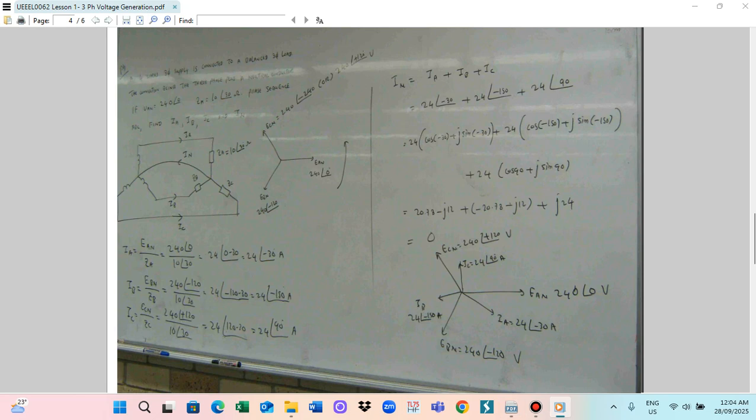Then you have to add the two vectors. You have to make the parallelogram, and this diagonal line will be VAB plus VBC. So this diagonal line is the answer. You draw it and then you measure it, and this becomes VAB plus VBC.